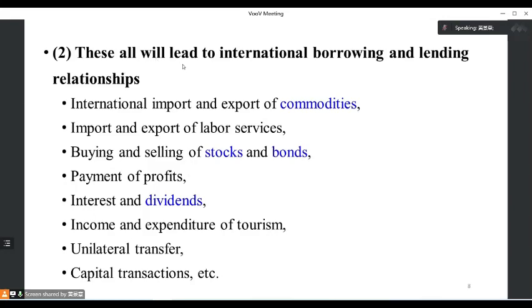These all will lead to international borrowing and lending relationship. Let's see. First, international import and export of commodities. Import and export of labor services.